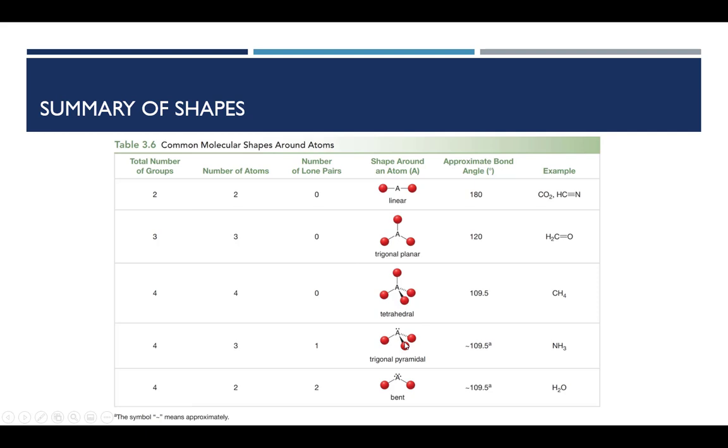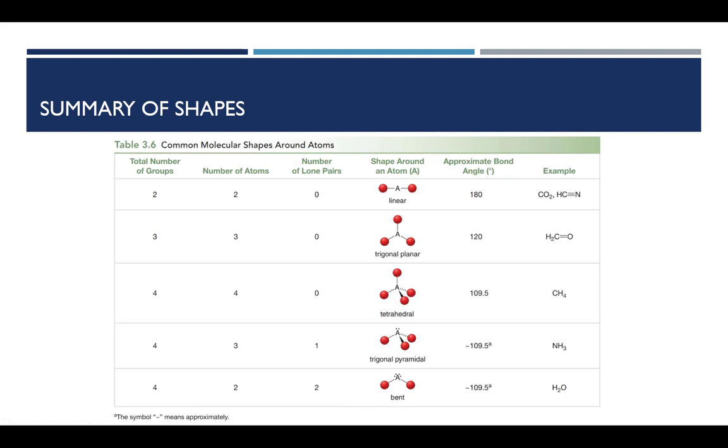We have trigonal pyramid, or trigonal pyramidal, which is what we get when the central atom has 3 atoms bonded to it and 1 lone pair. And we have bent, which is what we get when the central atom is bonded to 2 atoms and has 2 lone pairs. The one shape that was neglected here is that there is another version of bent.